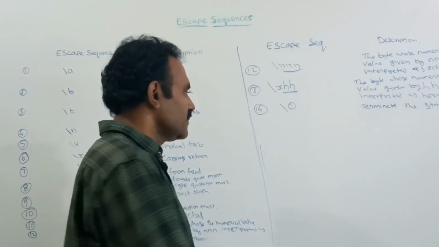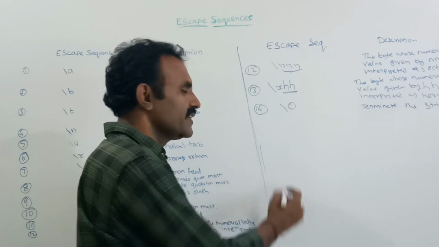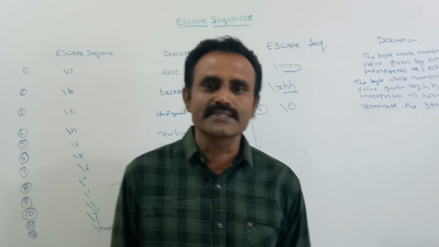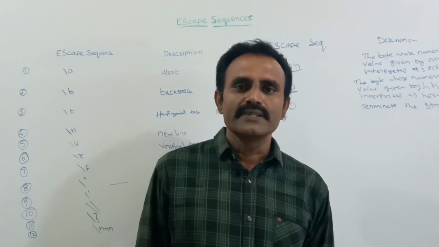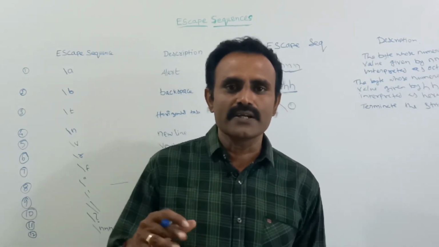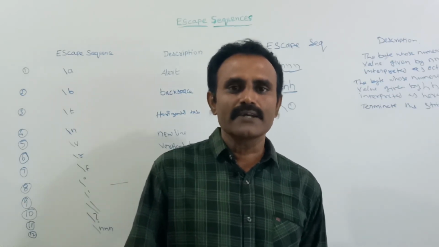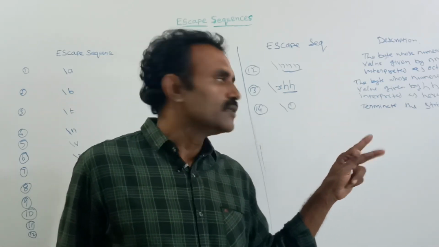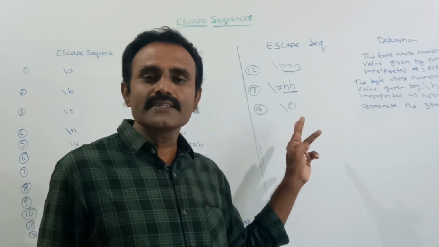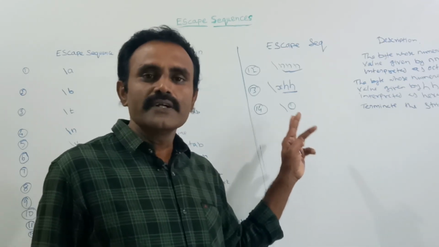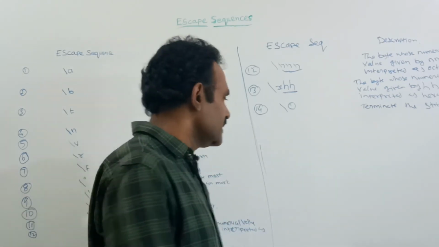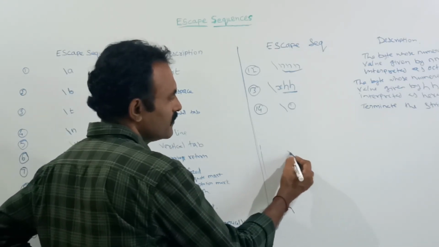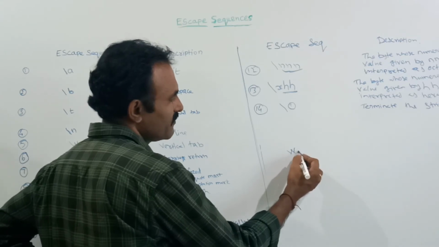Here, by using the scanf function, if you are storing some string values, automatically the system will store the slash 0, that is \0, at the end of the string. In the background process, this slash 0 will be stored automatically. So this escape sequence slash 0 is used to terminate the string. See here, if I am storing the string welcome, it will be stored in the buffer like this, welcome.